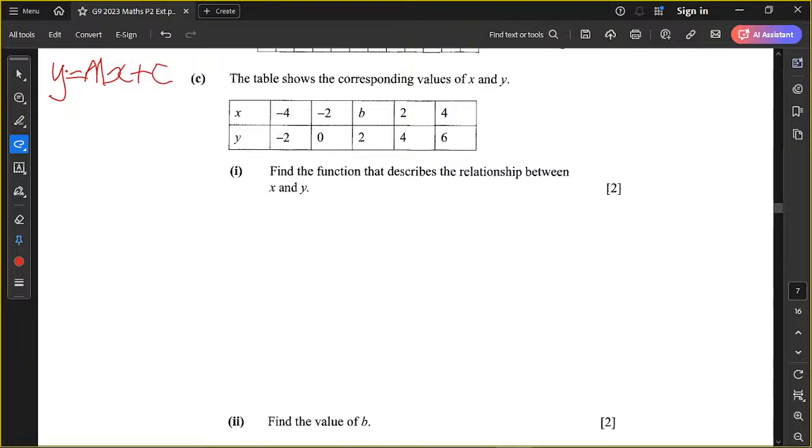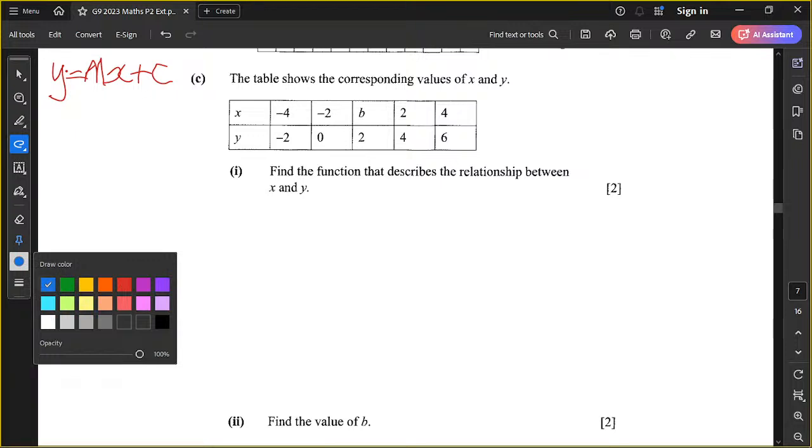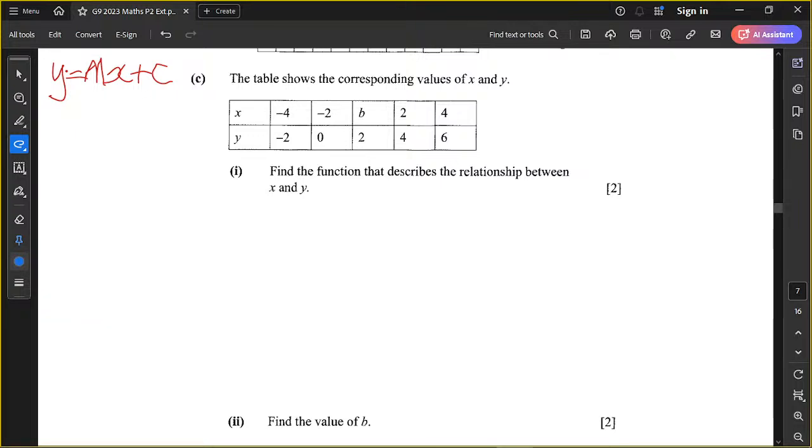So what do we do first? Let's find the gradient, where m is the gradient, because x and y will remain like that in the function we're going to get.